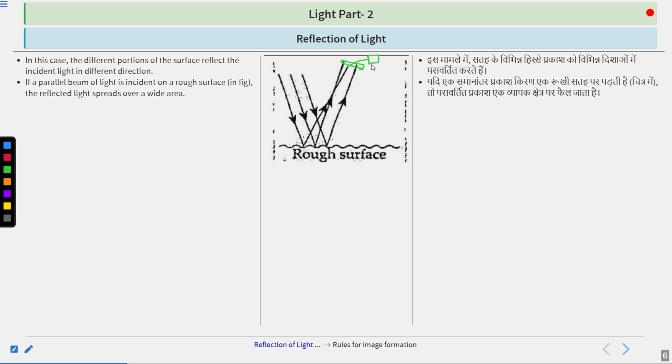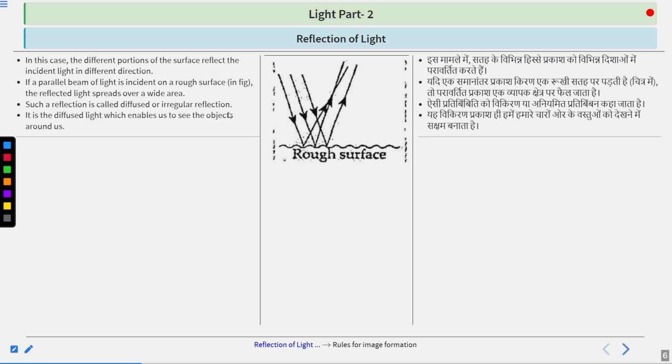So the object would also be visible from the northeast frontier direction. Okay. Such a reflection is called diffused or irregular reflection. So diffused or irregular reflection, this is the same. Okay, please do not get confused in it.